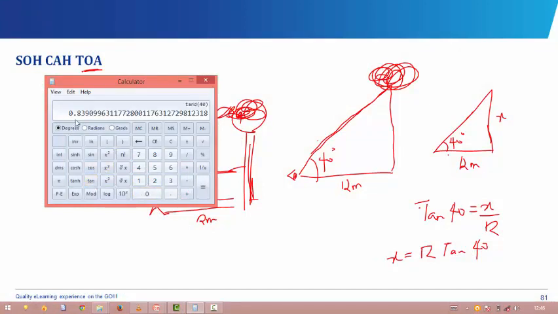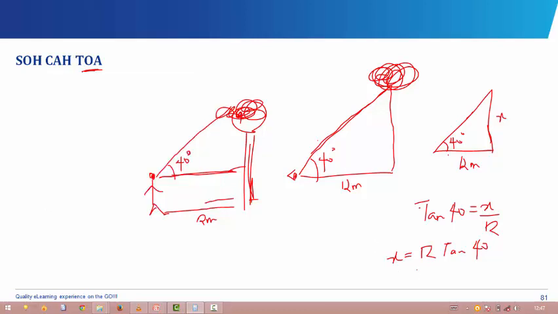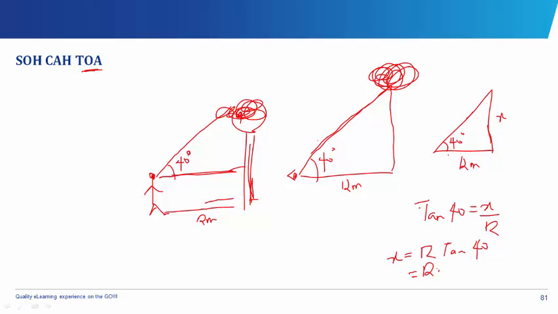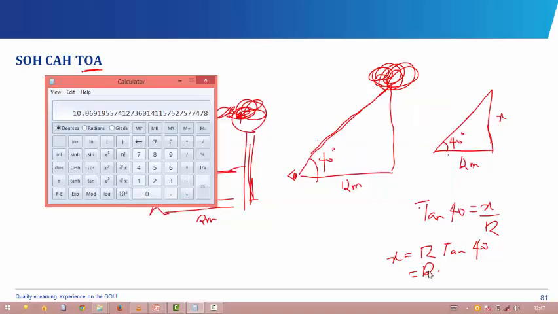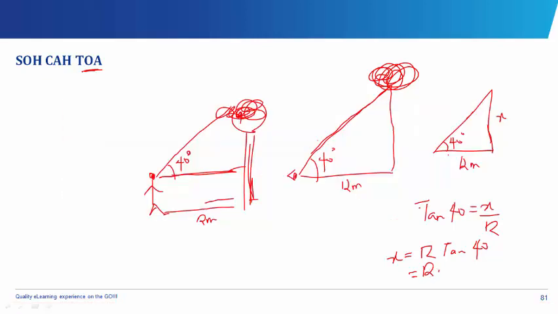It gives us 0.839, then times 12, and gives us 10.069. So our answer is 10.069. If you approximate it, you have 10.1 meters, and that is the height of the tree.